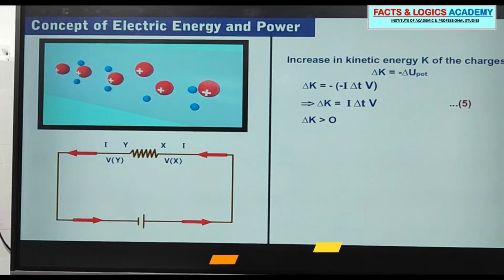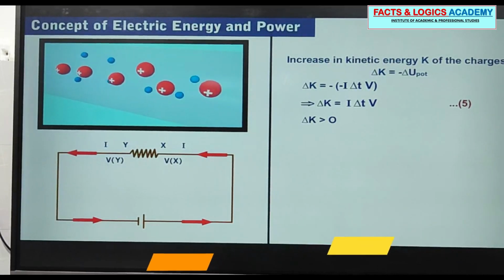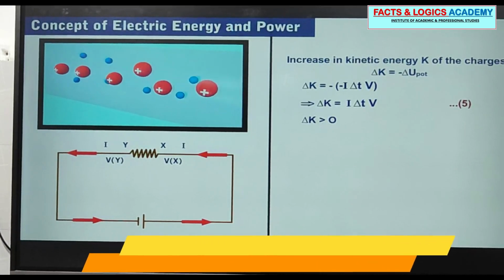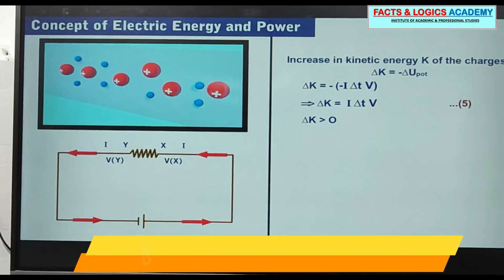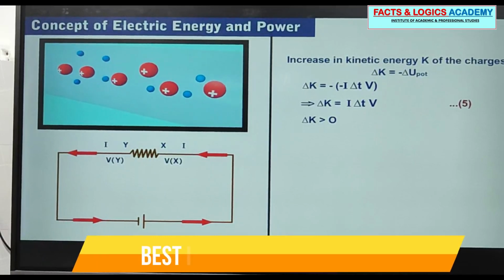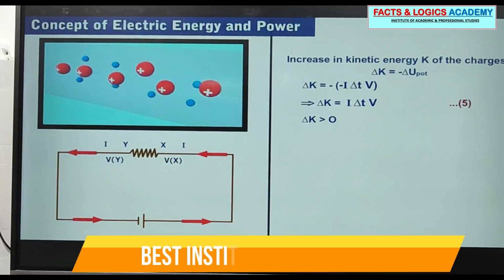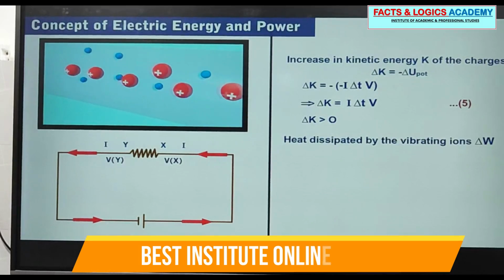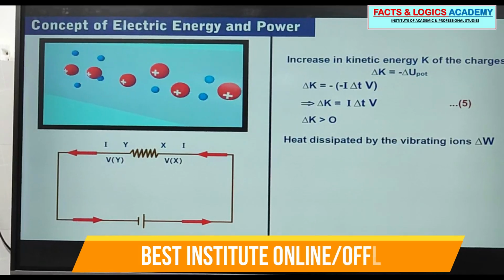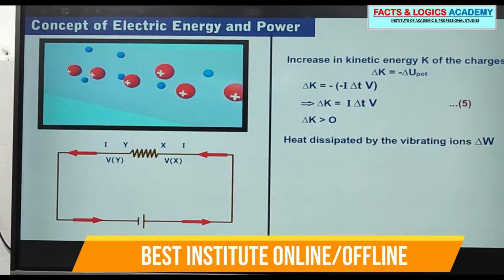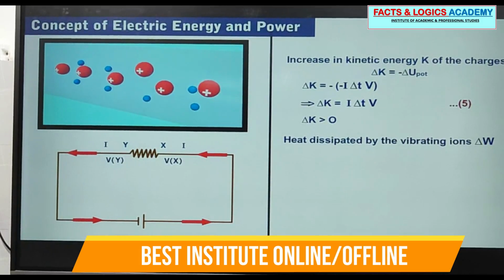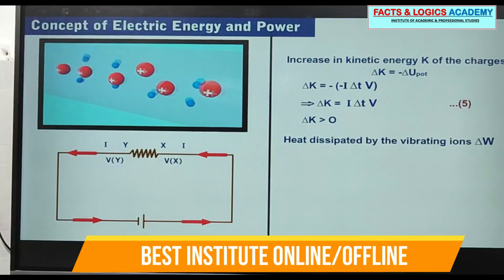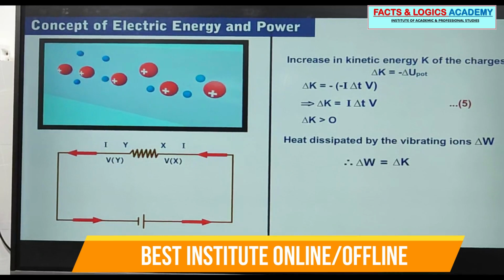Due to these collisions, the kinetic energy gained by the charges is transferred to heavy ions, and these ions vibrate more vigorously, thereby heating up the conductor. The heat dissipated by the vibrating ions is represented by delta W. This delta W is nothing but the increase in the kinetic energy of the charged particles. Therefore, delta W is equal to delta K.